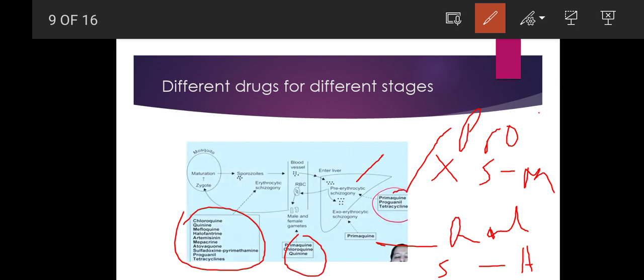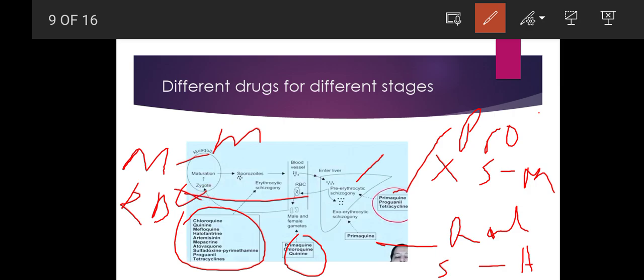Curative cure will act at the level of the bloodstream, which will prevent conversion of merozoids to merozoids. They will prevent the conversion of merozoids to merozoids and will also prevent the clinical features from occurring. So it prevents fever, prevent the rupture of red blood cells. And we also have the gametocidal.